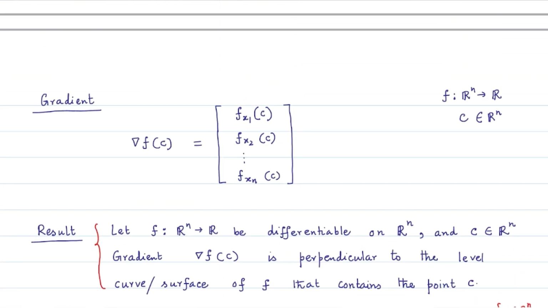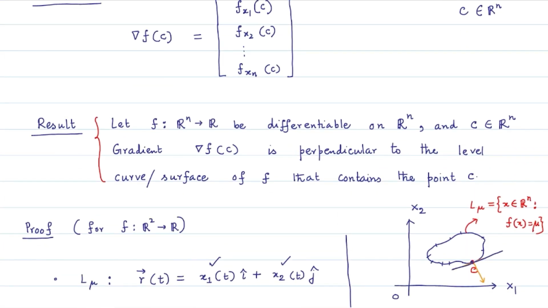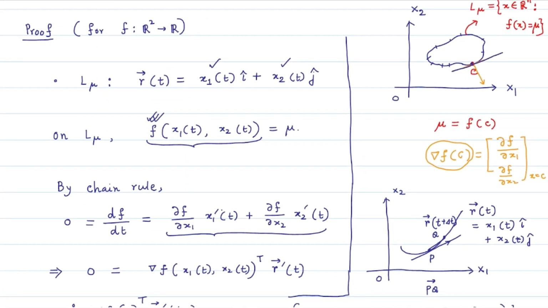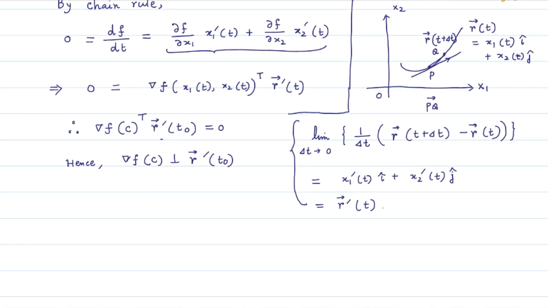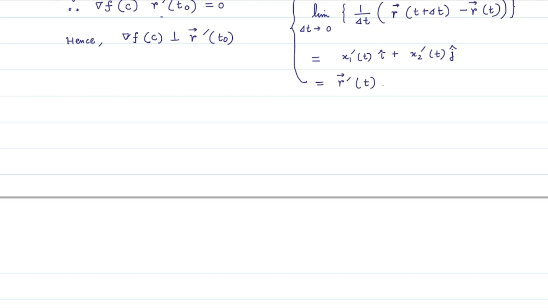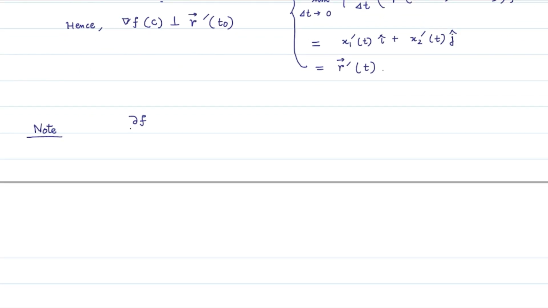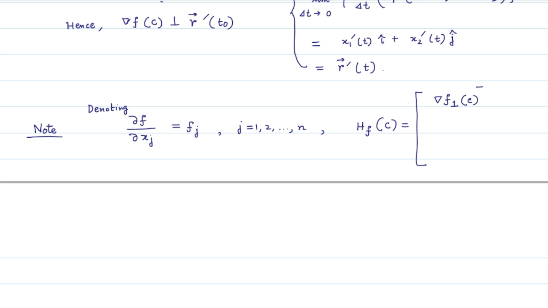Now with the help of this denotation of gradient, I would like to mention a very special representation of the Hessian matrix. Note that if we write the partial derivative of the function f with respect to its jth variable by the notation, say, fj, we can notice that the Hessian matrix of the function f at the point C is given by the first row as the gradient of the function f1 at the point C, its transpose.